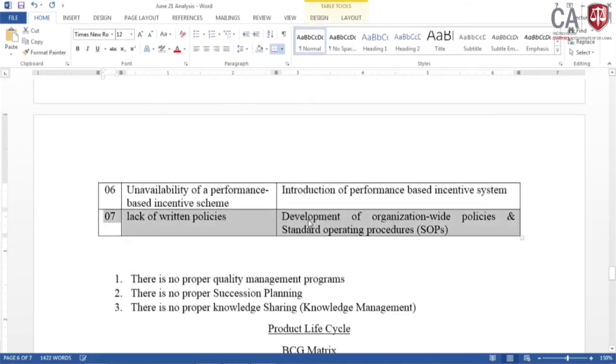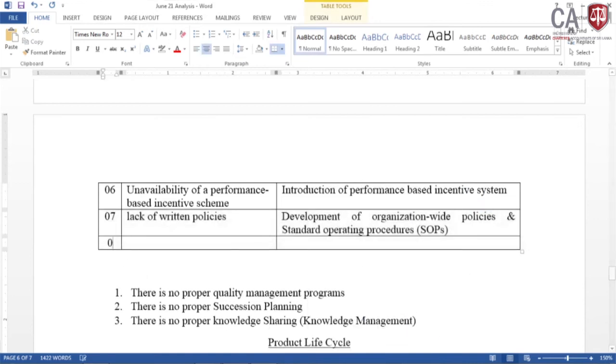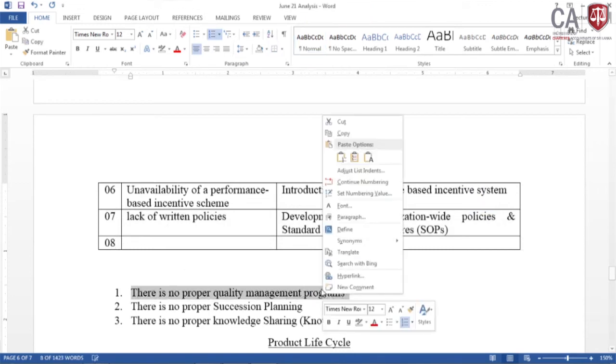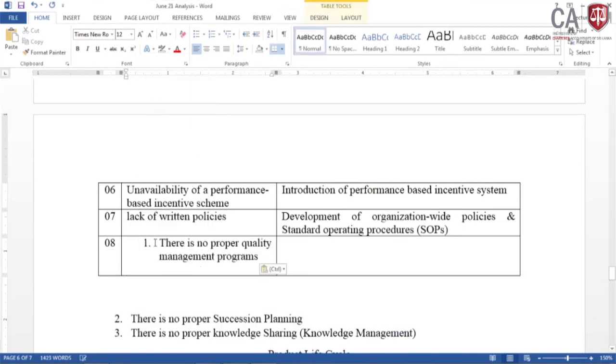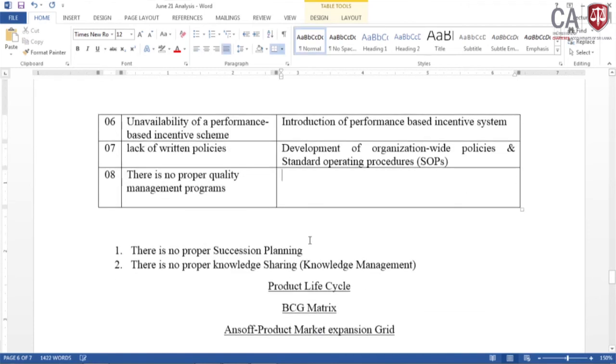Then there is no proper quality management program. We will say introduction of a quality management program. That is very simple.